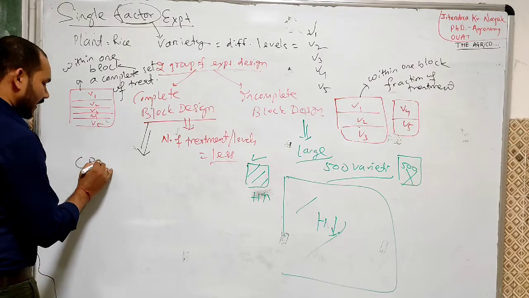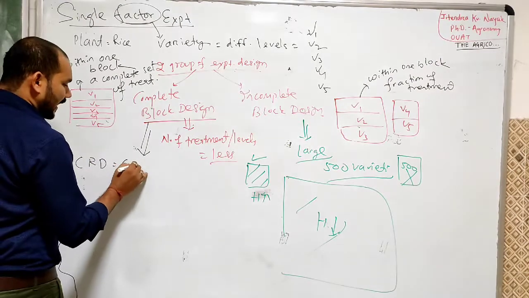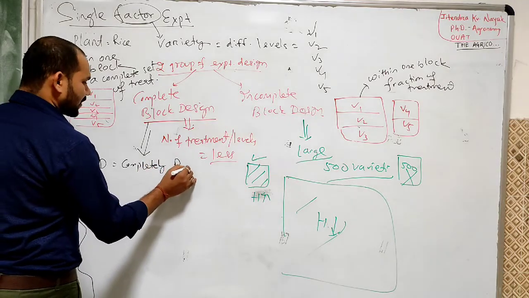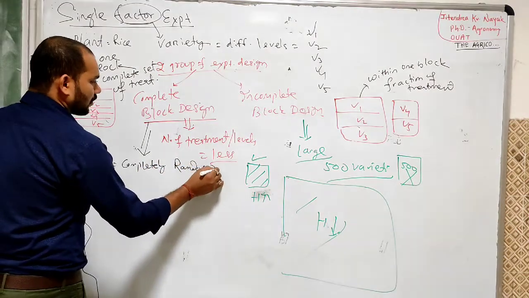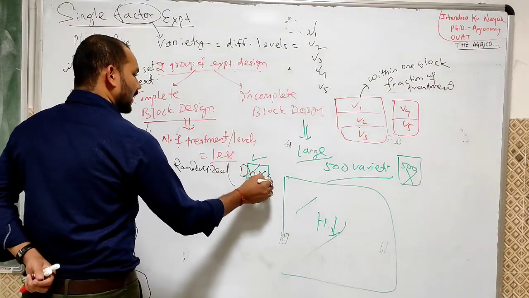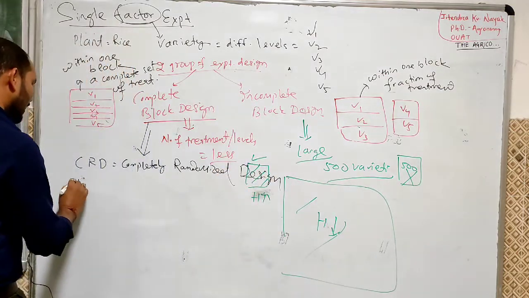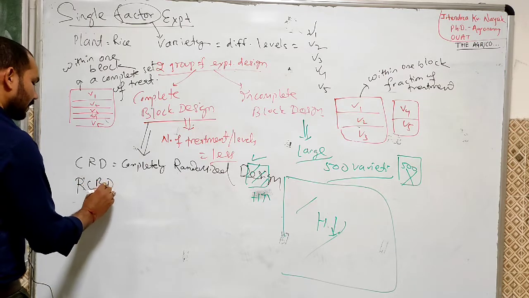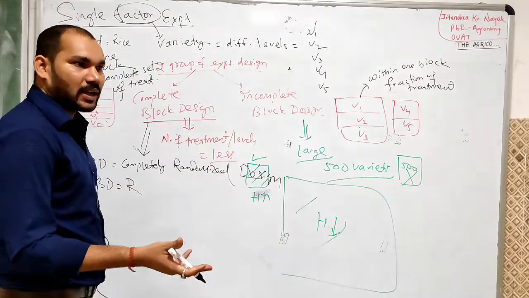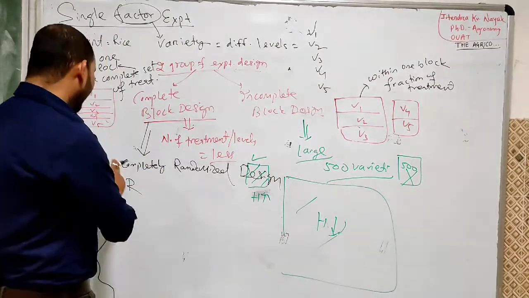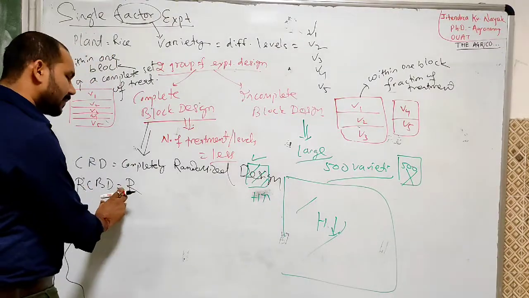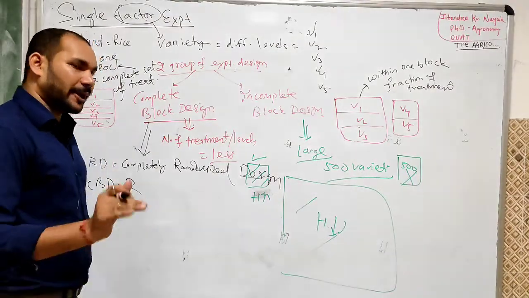One is CRD, that is completely randomized design. Another is RCBD. I will explain what CRD means, in which case I will use CRD, and in which case I will use RCBD. It is very easy. Okay.